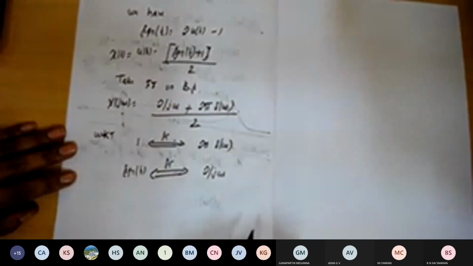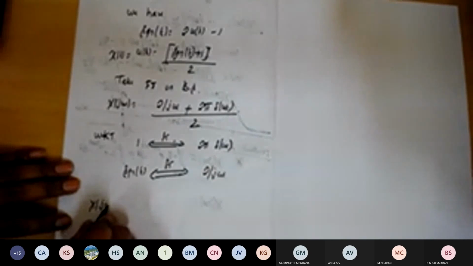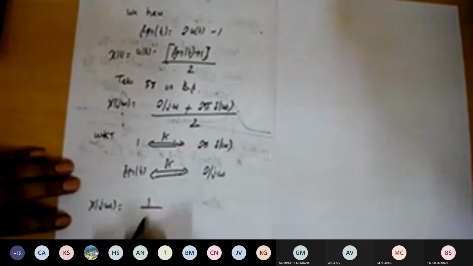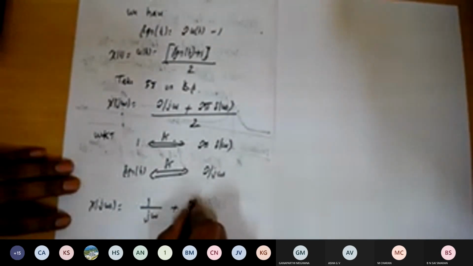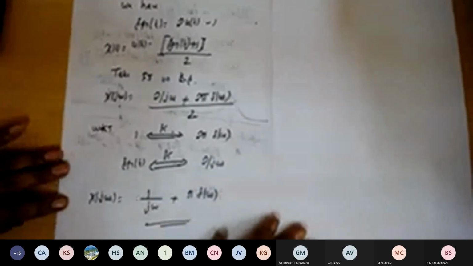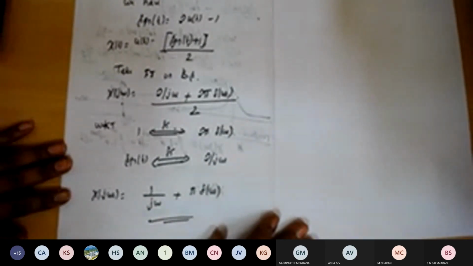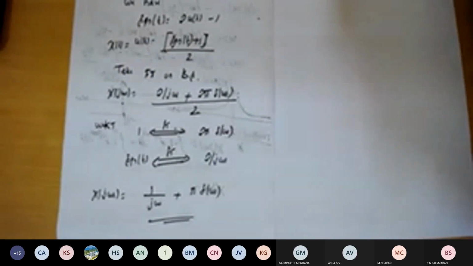Based on this, we have substituted the corresponding Fourier transforms. Divided by 2, we get X of j omega is equal to, 2 will get cancelled, 1 divided by j omega plus pi into delta of omega.